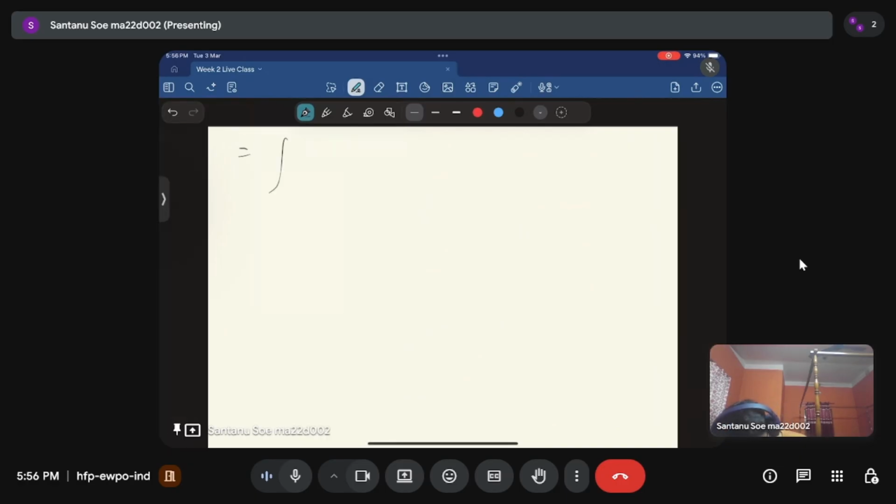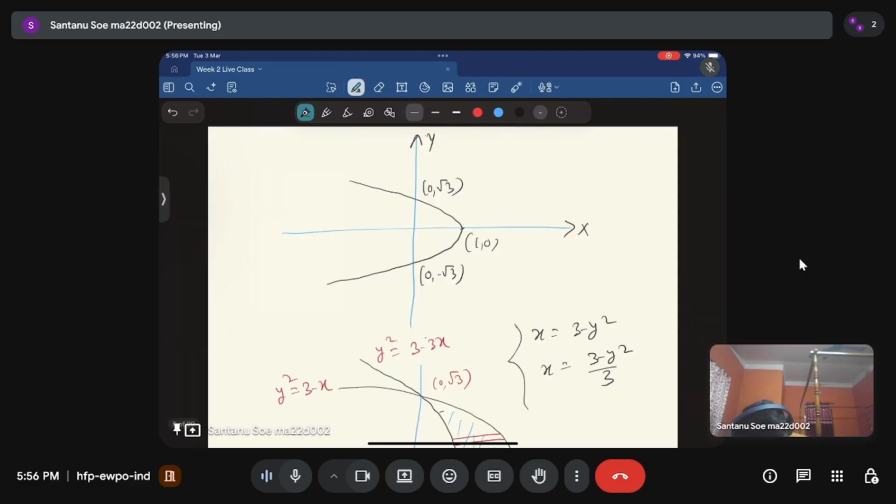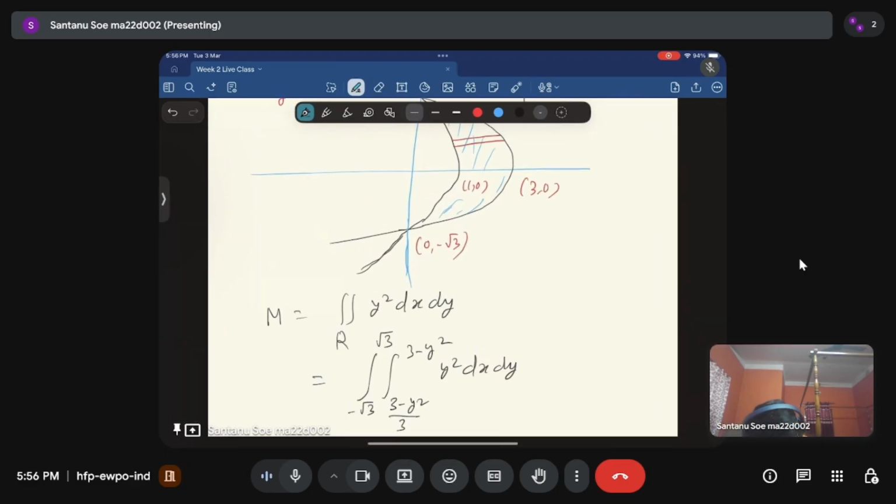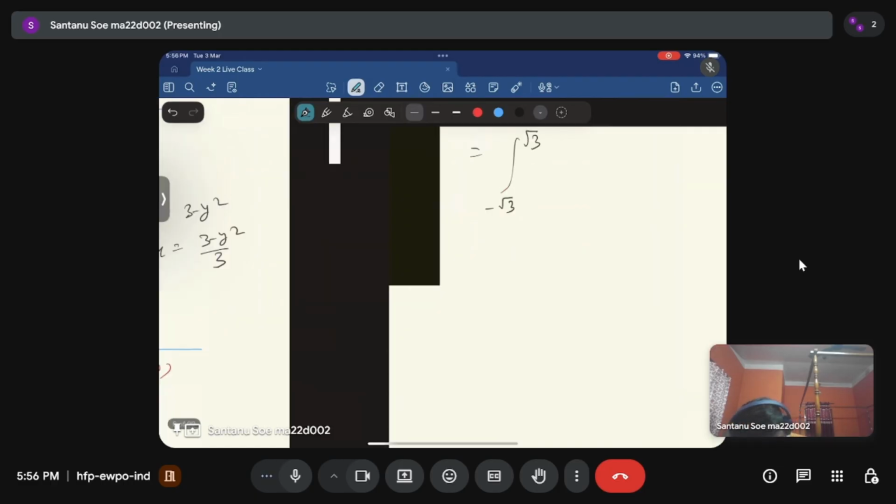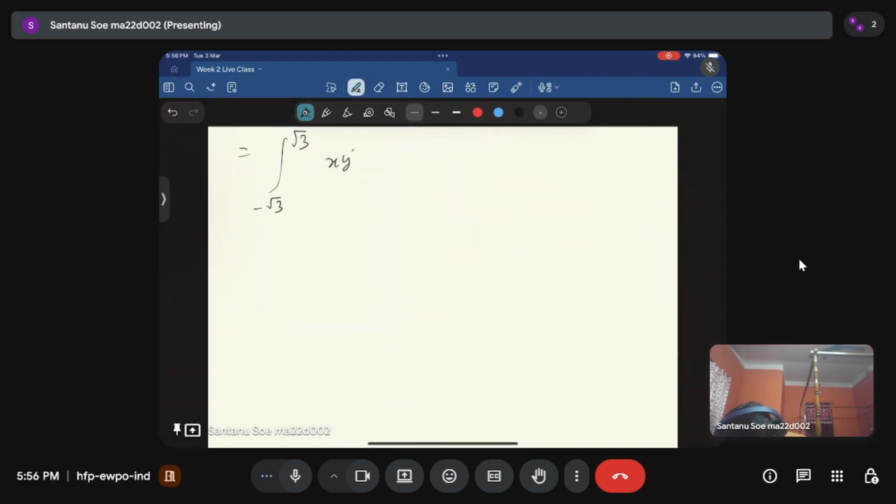So this is going to be from minus root 3 to root 3. Now since there is no x involved here, this will be simply x y square, from (3 minus y square) by 3 to 3 minus y square, dy.